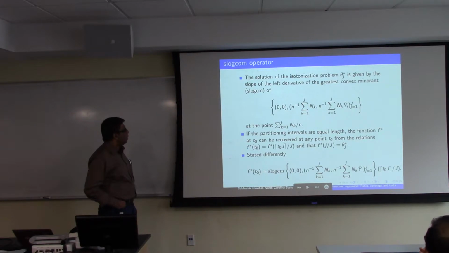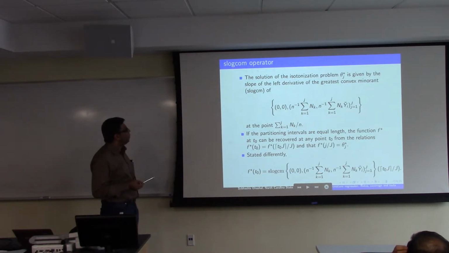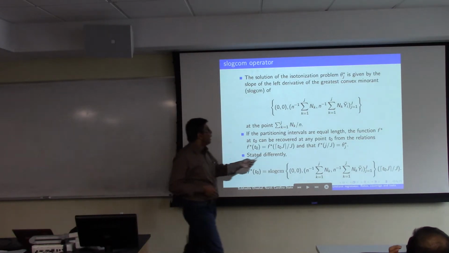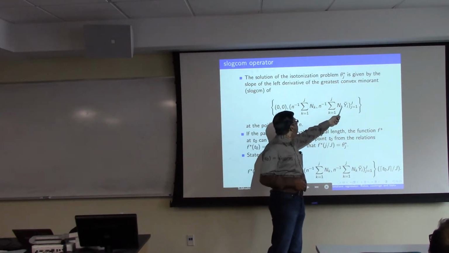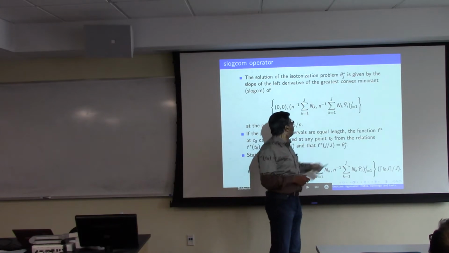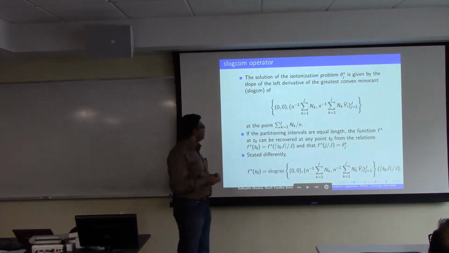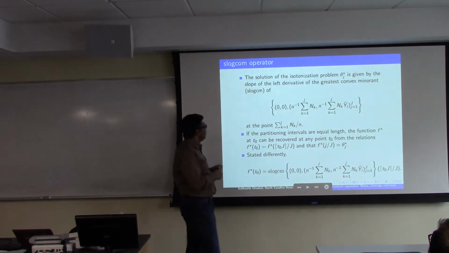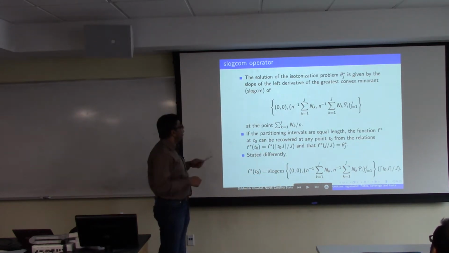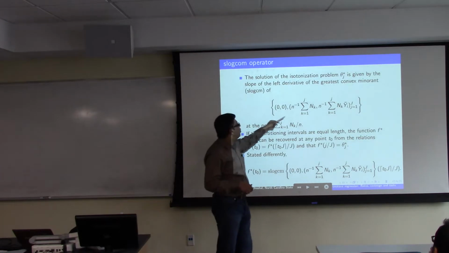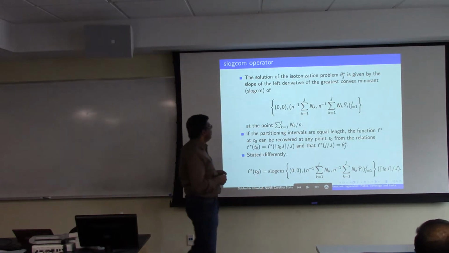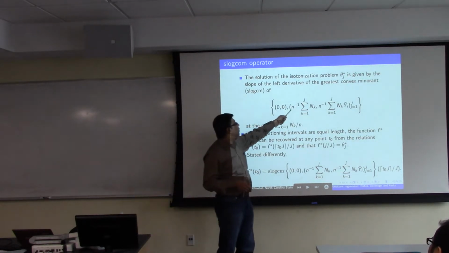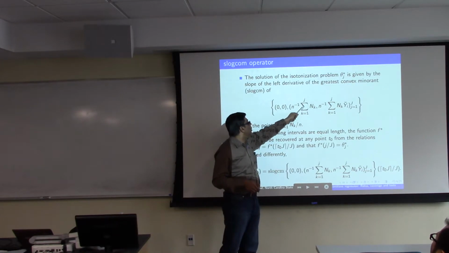Okay, so actually this should be theta k. So I start with some theta 1, theta 2, ..., theta k, and then I form these points given by these partial sums, or partial averages.